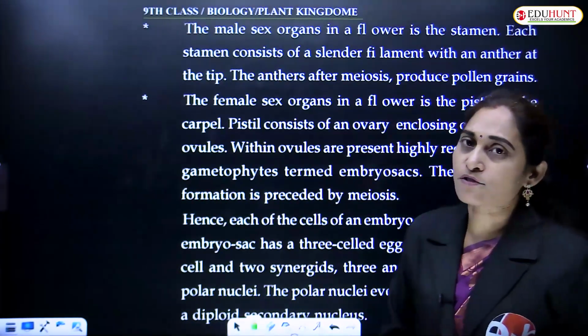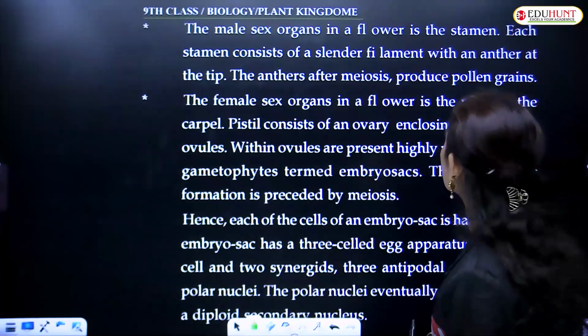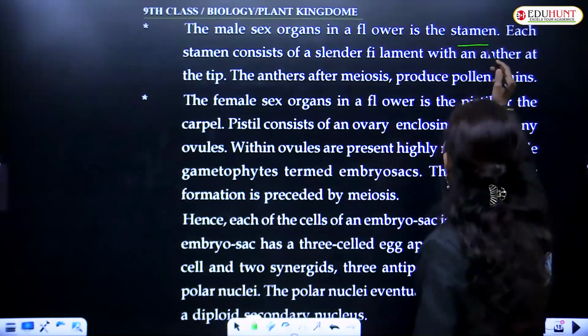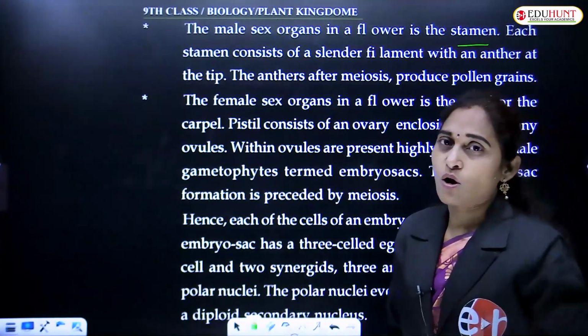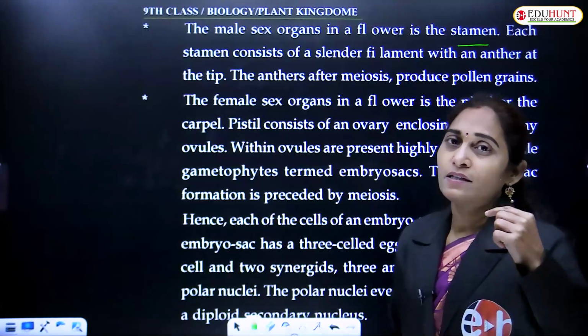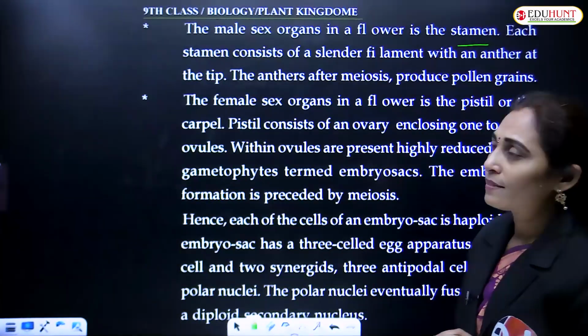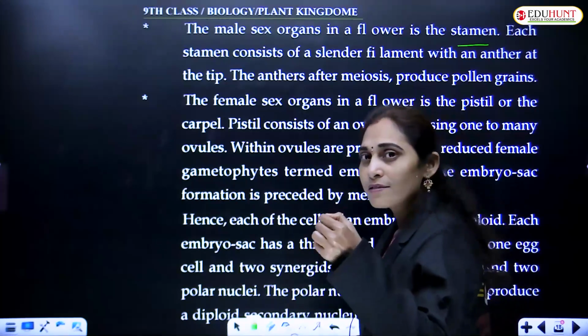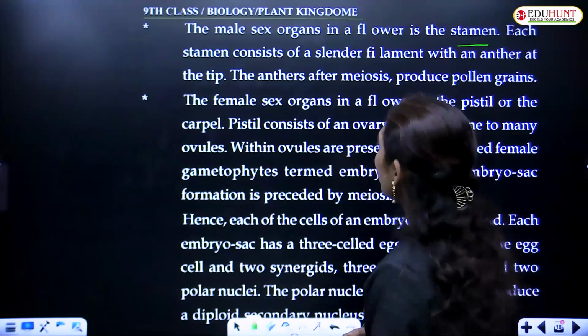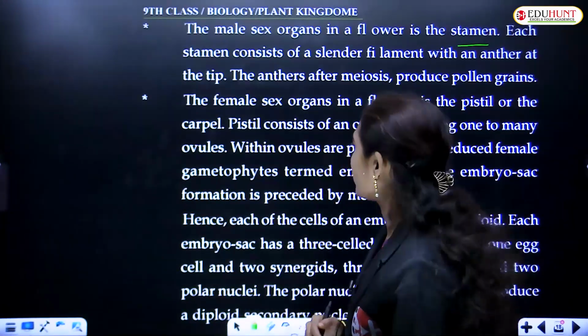The male sex organ in the flower is the stamen, and each stamen consists of two parts, the filament and the anther. Anther is the tip, and the filament is the slender stalk of the androecium.